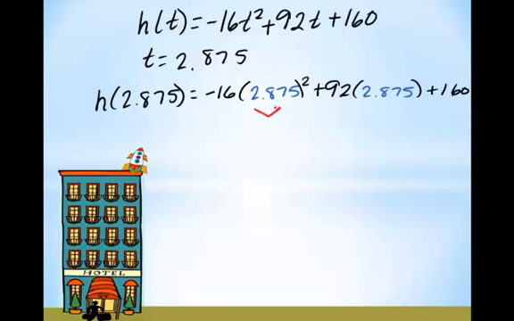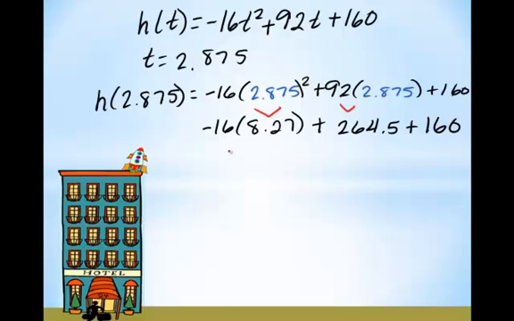So I know that when I square 2.875, I still have this negative 16, and in parentheses, I have 8.27. Plus, when I multiply 92 times 2.875, this gives me 264.5, plus the 160.